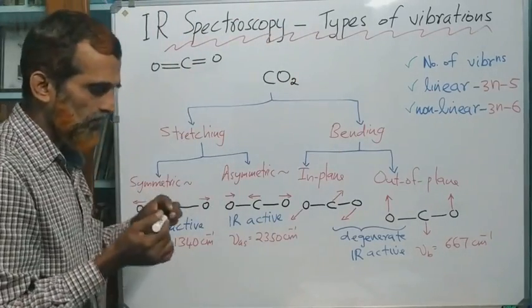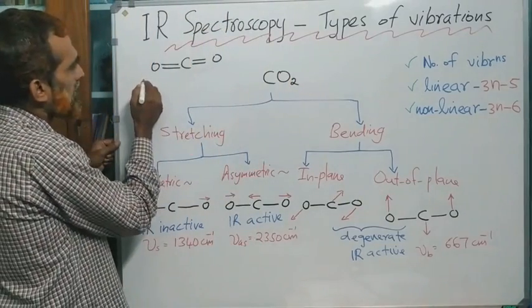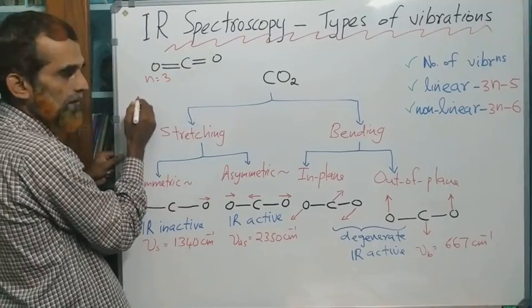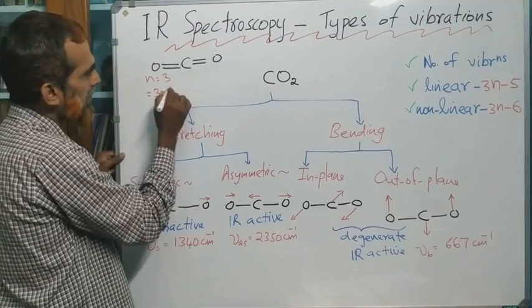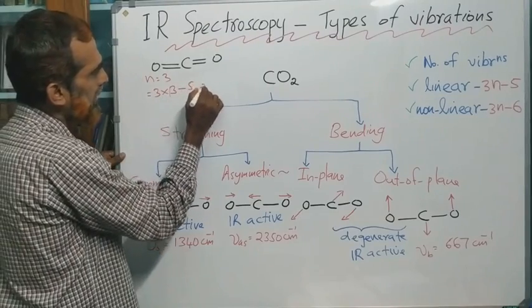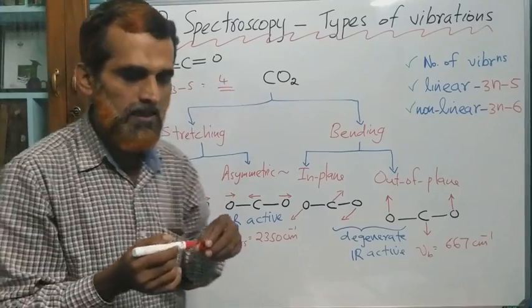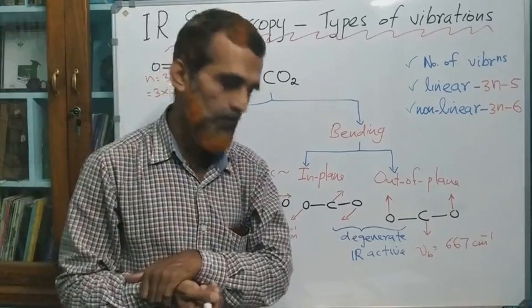So applying it for carbon dioxide, what is n here? There are 3 atoms. So number of vibrations equals 3 into 3 minus 5, equals 9 minus 5, equals 4. So carbon dioxide will have 4 different types of vibrations.